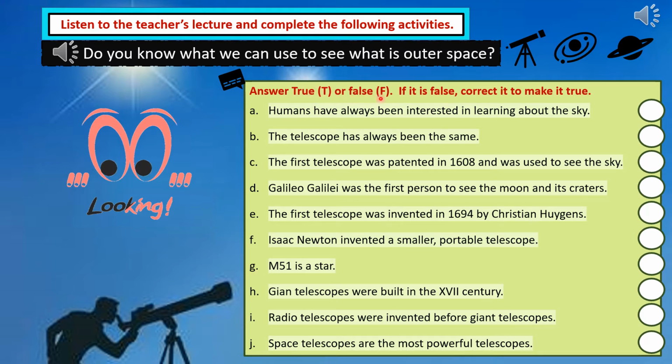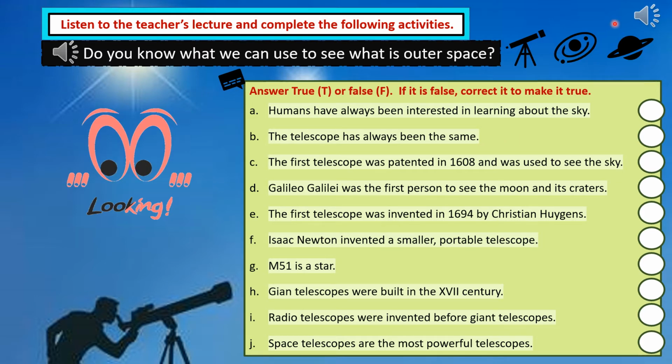Or false, F if it's falso. If it's false, correct it to make it true. Si ustedes tienen una oración que es falsa, tienen que corregir y escribir la información correcta. So now we're going to read each of these statements.